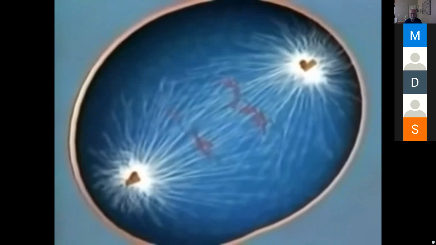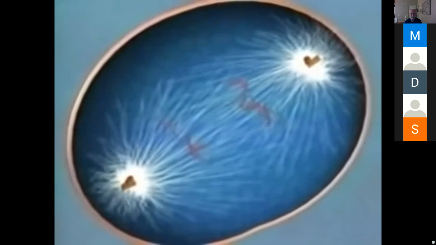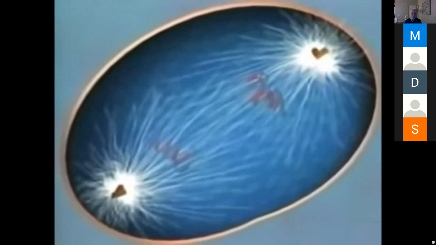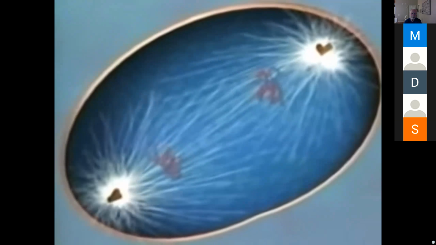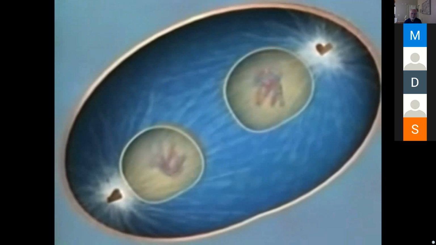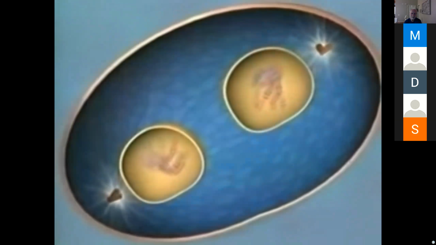Other spindles push against each other in a ratcheting action that stretches the cell. The chromosomes then unwind and the nuclear membranes reform. With mitosis complete, the nuclei and cytoplasm separate, creating two new cells in this ongoing cycle that sustains all life.